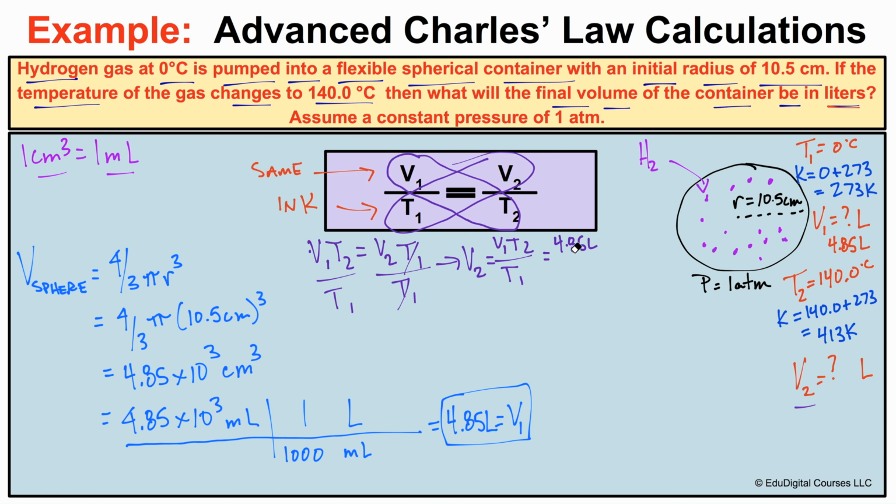4.85 liters times T2, which we just figured out is 140.0 degrees Celsius, which is equal to 413 K. So we have 413 K. And then we're going to divide this by the initial temperature, which, if we take a look, was 273 K. So when we take 4.85 times 413 and then we divide by 273, we are going to end up with 7.34.